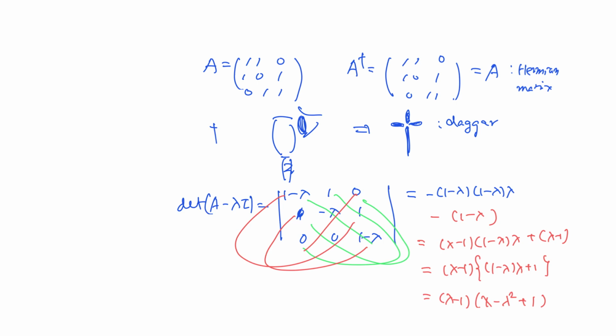So 1 minus lambda, 1 minus lambda, lambda, and this is 0, this is 0, this is 0. 1 minus lambda, lambda minus 1. Something is odd. Oh. 1, 1, 0, 0, 1, 1.